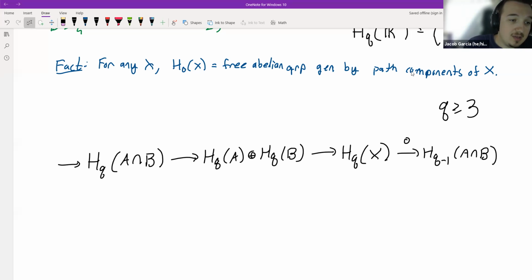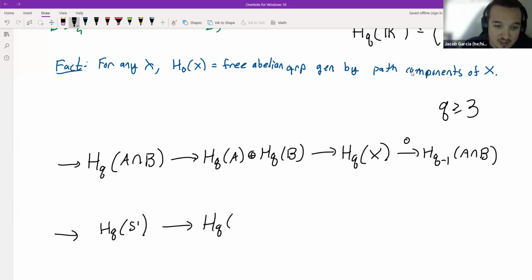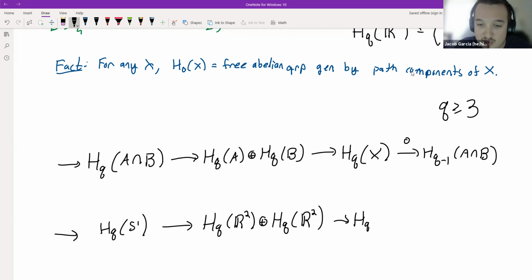Okay, so plugging these things in, what do I get? A intersect B, I already said that's just the circle. A and B individually are just R2, so this is the direct sum of R2 and R2. X is the sphere, sorry, that's what we're interested in looking at. And then this is just HQ minus 1 of S1 again.